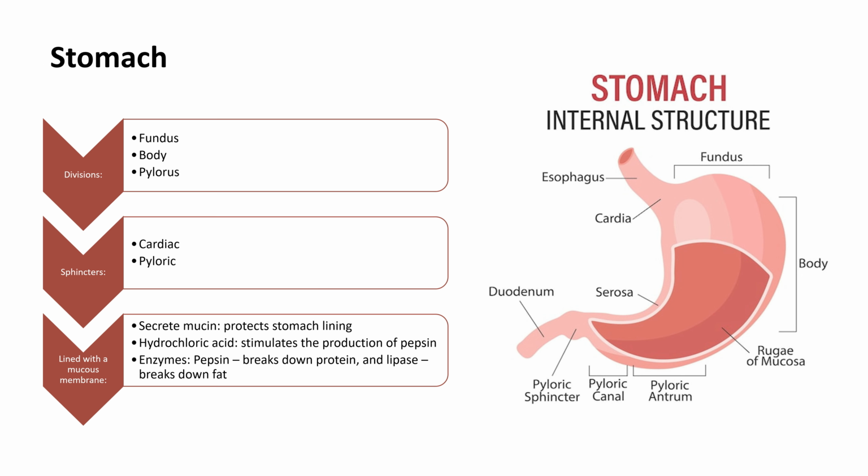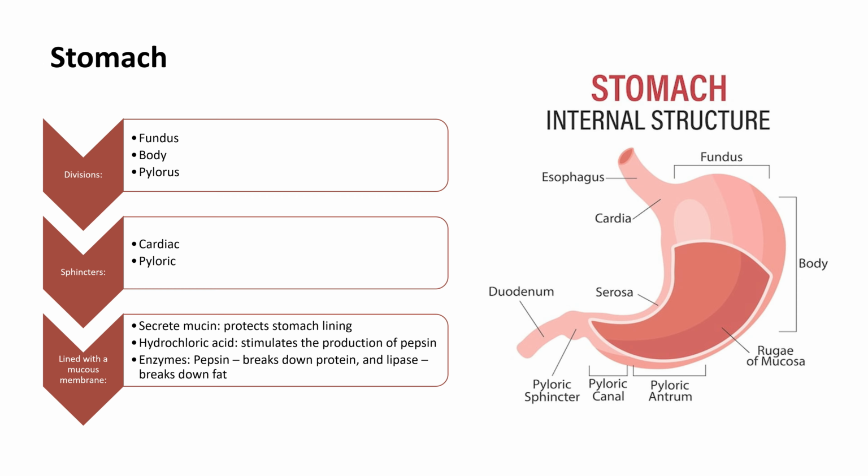The contents of your stomach is considered to be called chyme. That is chyme. Your stomach is lined with a mucous membrane containing gastric glands that secrete mucin. It protects your stomach lining.